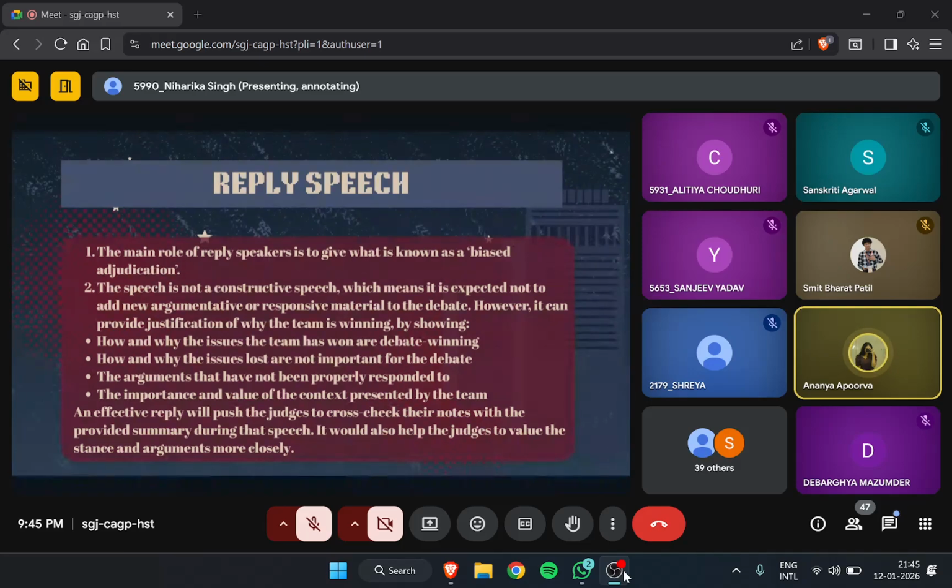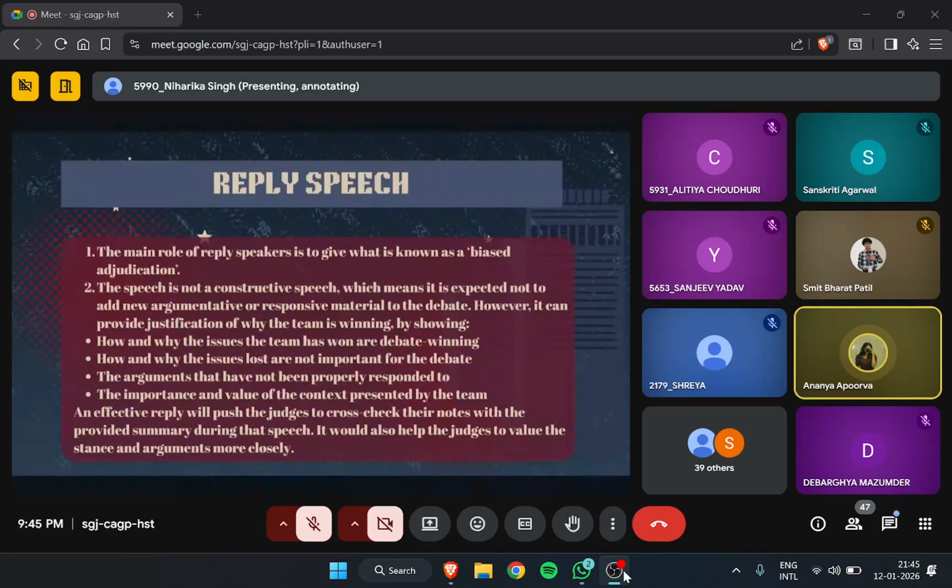From their perspective, you try to convince the adjudicator that your side is the bench that should be winning the debate. A reply speech can only be given by either of the first two speakers, the first speaker or the second speaker, PM or DPM or LO or DLO, and not by the whip unless extraordinary circumstances arise.